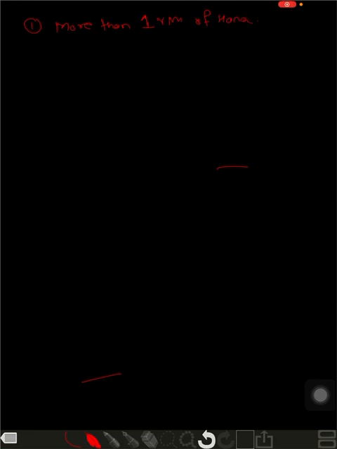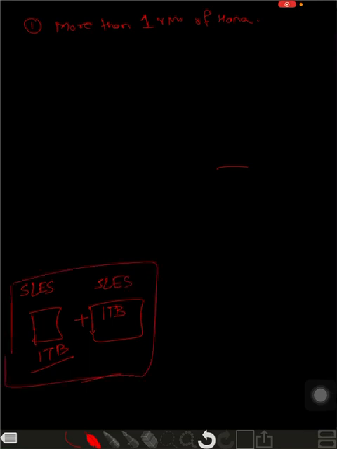That means you can have say 1 TB on one box, one VM, plus 1 TB on another VM. Say you are running it on SLES and SLES. This makes your system a HANA scale out system.